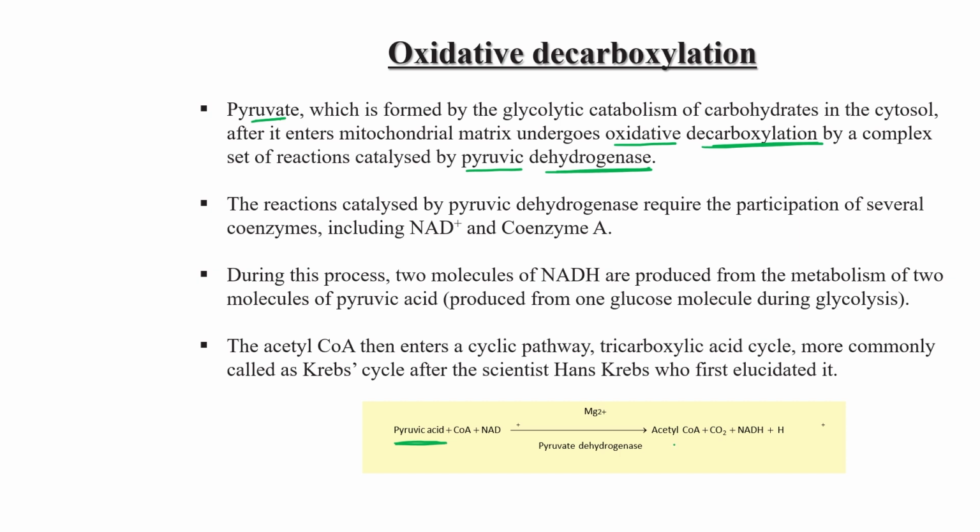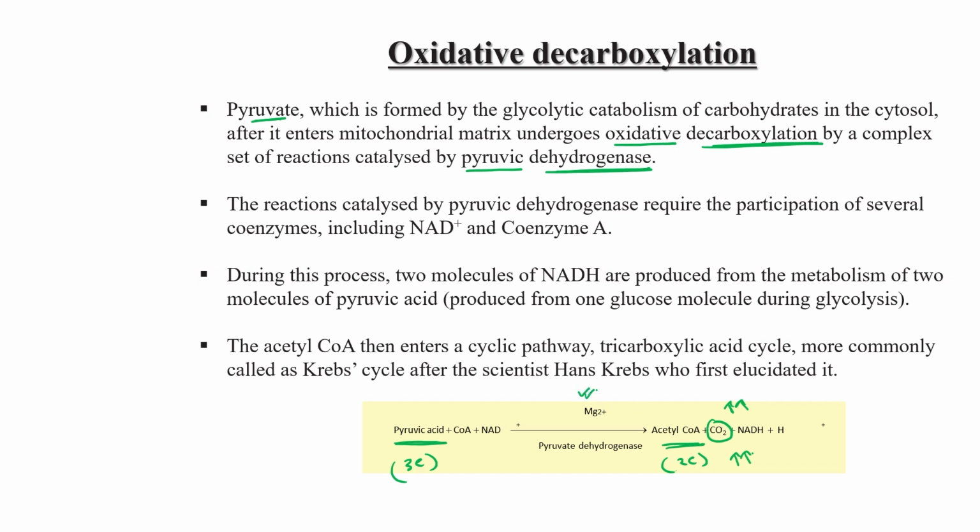This gets converted into acetyl coenzyme A. This one is a 3-carbon molecule, this one is a 2-carbon molecule. So of course, 1 carbon dioxide molecule has been released, and this reaction is catalyzed by the pyruvate dehydrogenase enzyme. We can use the term oxidative decarboxylation because carbon dioxide has been released and it is an oxidative process.